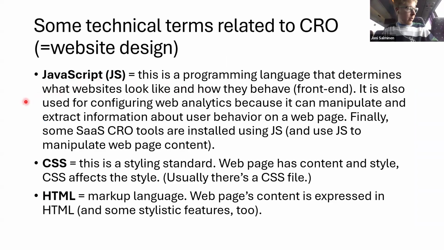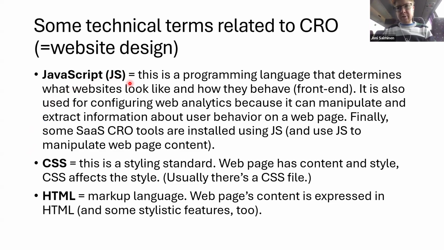If you're interested in learning some techniques related to conversion optimization, here are some technical ones. So JavaScript, remember we discussed JavaScript is a method for analytics to extract the information.